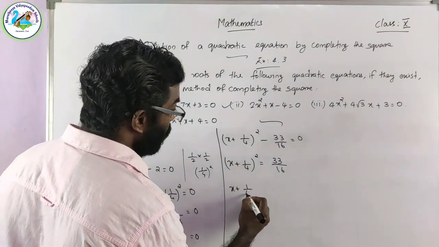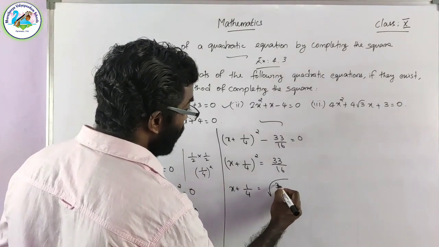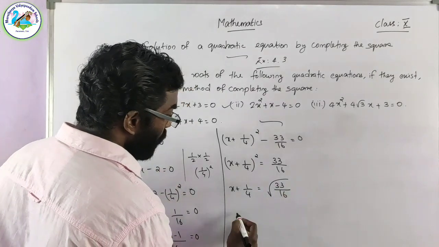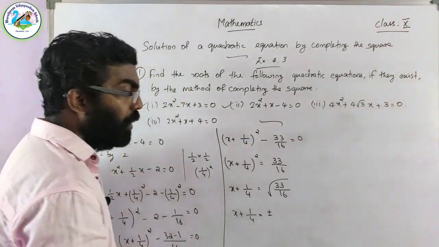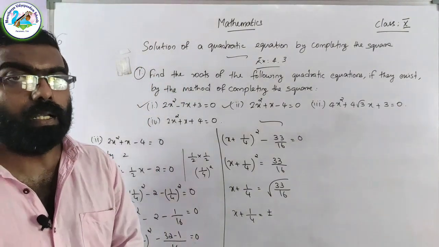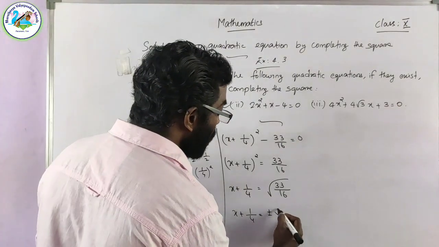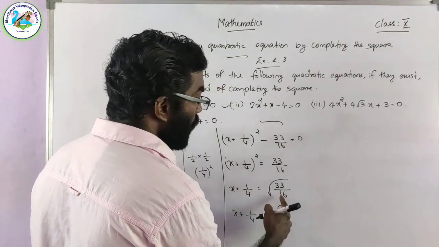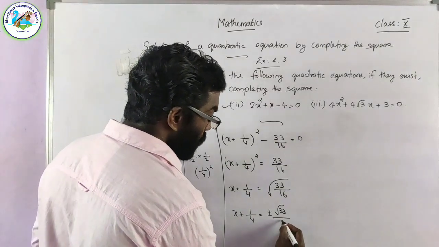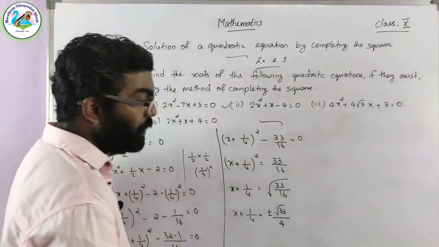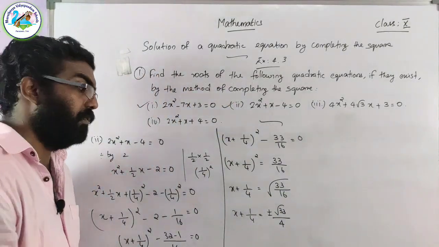Or x plus 1 by 4 is equal to square root of 33 divided by 16, or plus or minus. We know 33 is not a perfect square. So what can we write? Root 33 by, and what is root 16? Square root of 16 is 4. So plus or minus root 33 divided by 4.